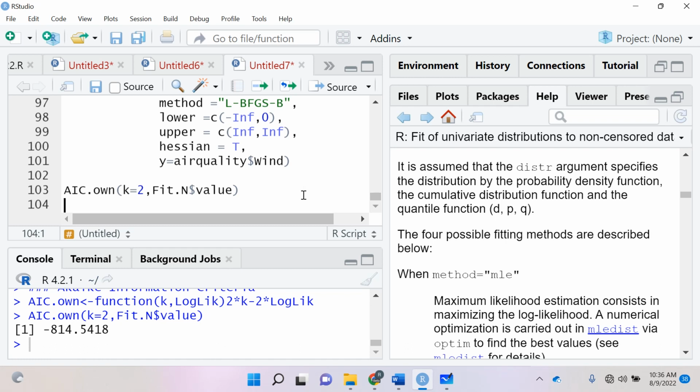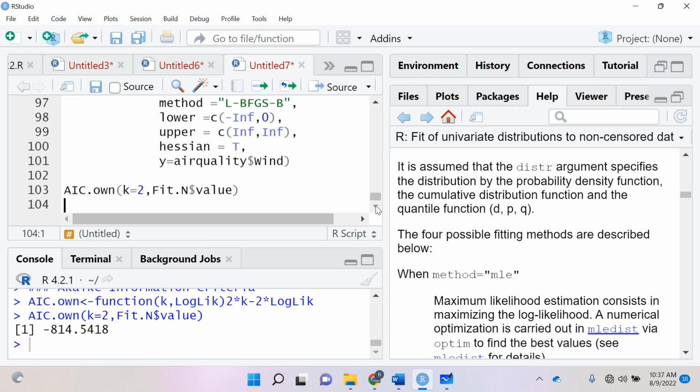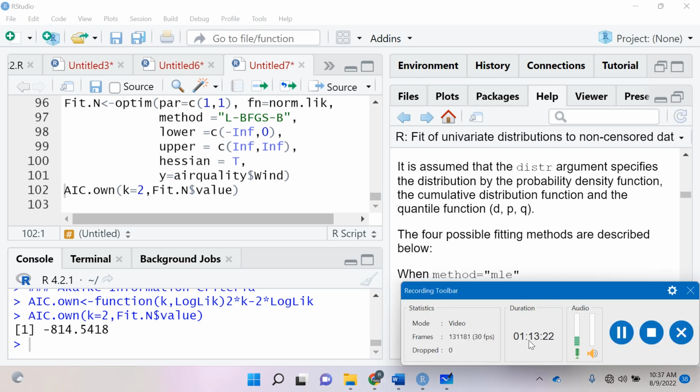Okay, so that's how we do our estimation, and then how we can also check for the fit of our model. Okay. So that brings us to the end of our discussion on maximum likelihood estimation.